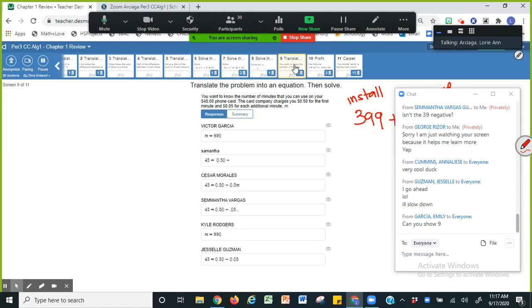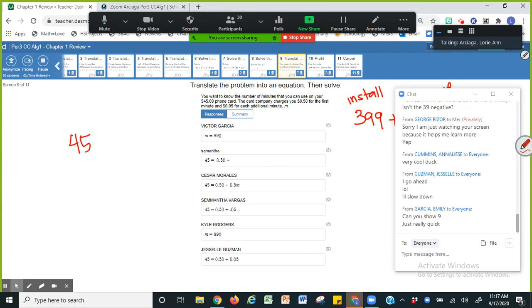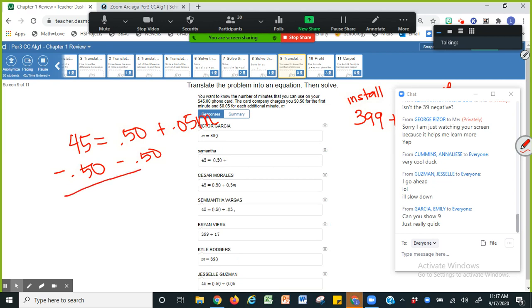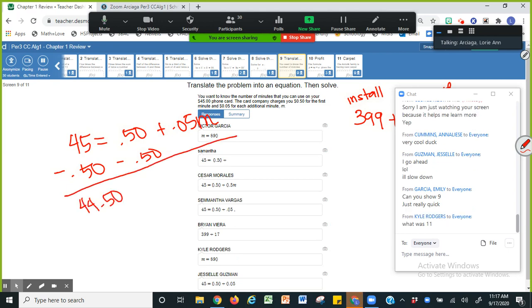Okay, I deleted the equation for 9. It was 45 is equal to 50 cents plus 0.05m. And then you subtract 50 cents from here. And then you do the same thing over here. Subtract. Okay. So that's going to be 44.50, right?